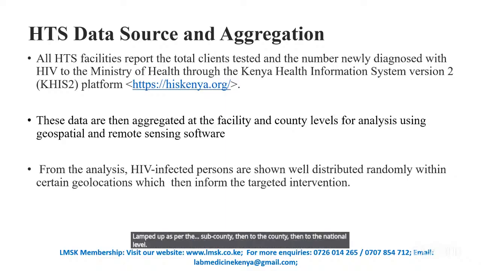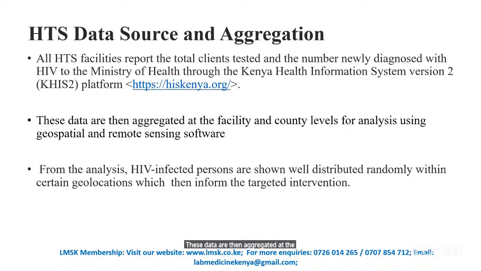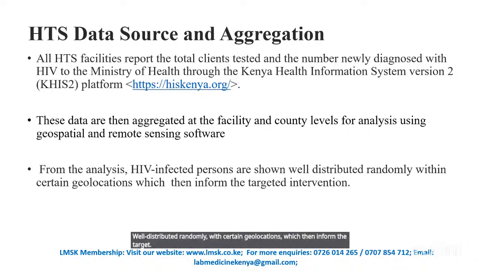These data are then aggregated at the facility and county levels for analysis using geospatial and remote sensing software. So with the statisticians, they can use the data and have the data speak to the country about what our HIV prevalence is currently. From the analysis, HIV-infected persons are shown distributed randomly within certain geolocations, which then inform the targeted intervention.